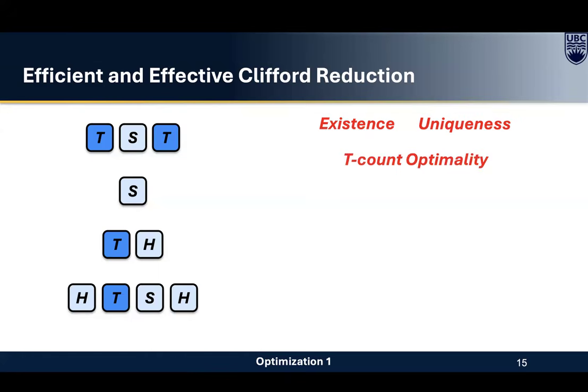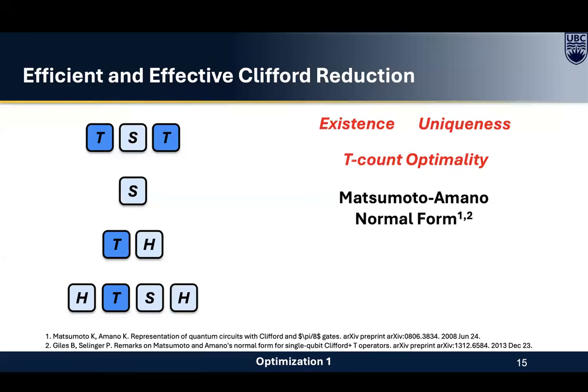Representing any arbitrary single-qubit Clifford plus T gate sequence in a form with these three characteristics enables more efficient optimizations as the next step. There is a form that has all three features, called the Matsumoto-Amano normal form. For any sequence represented in this form, it always starts with a leading T or not.